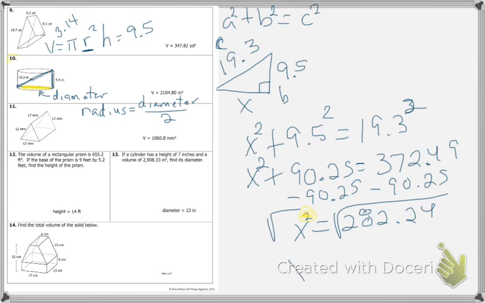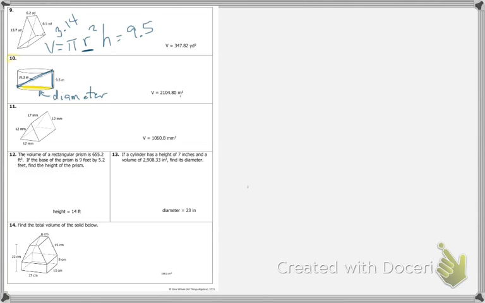If I square root both sides, my answer ends up being 16.8. Guess what? That's my diameter. And if I want to know the radius, then it's 16.8 divided by 2, which is 8.4.